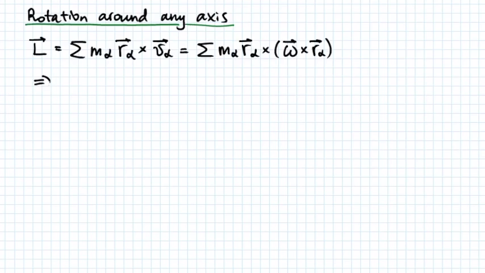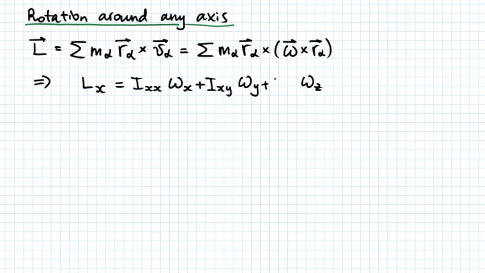Because we no longer require that the z-axis is aligned with angular velocity omega, we write generally that L sub x will be determined by the component omega sub x, omega sub y, and omega sub z. The coefficients in front of these, the first one will be I sub xx, the second one I sub xy, and the last one I sub xz.